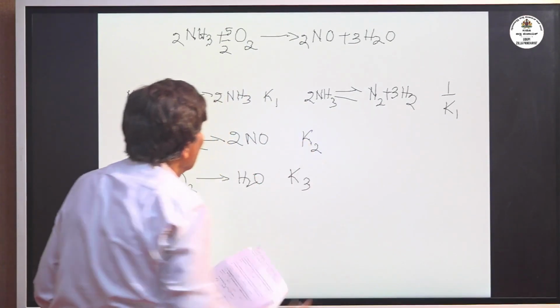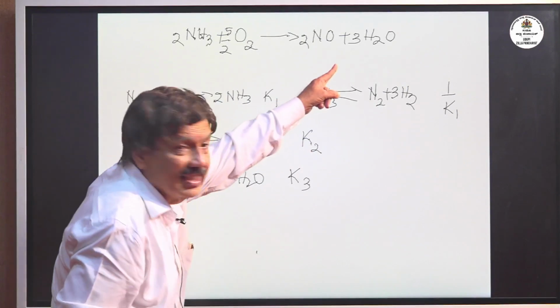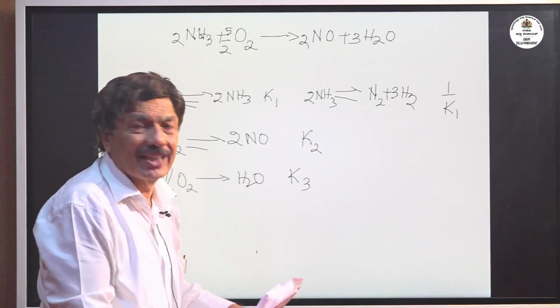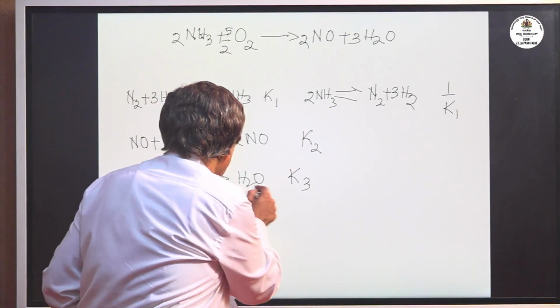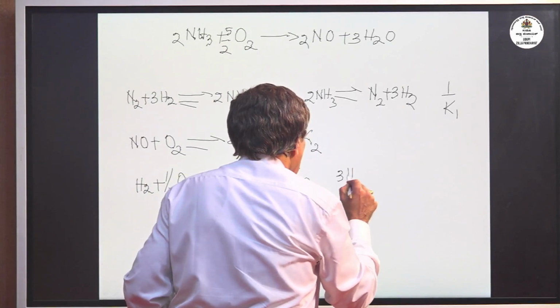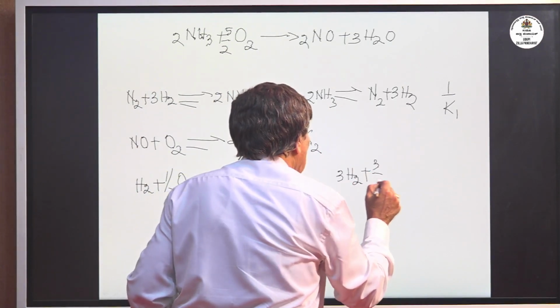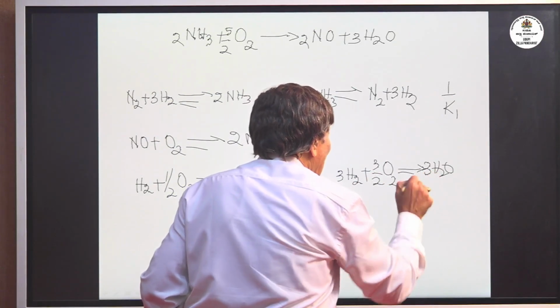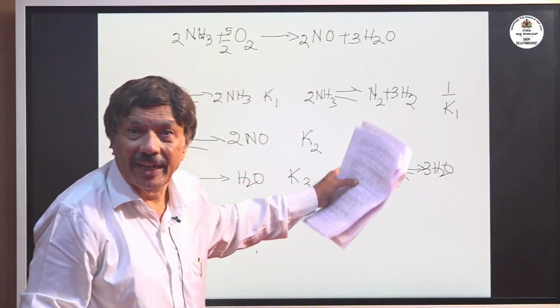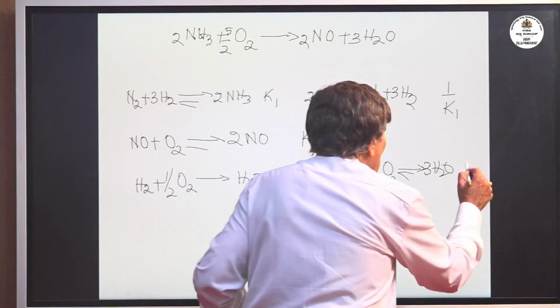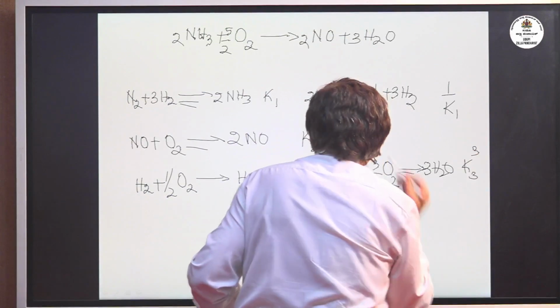Of this, K3. How many H2O do we need here? 3 H2O. We have 1. We want 3, of course on the product side only. So this equation you multiply by 3, so that you get 3H2 plus 3 by 2 O2 giving 3H2O. When the equation is multiplied by 3, you get the new equilibrium constant K3 cube.